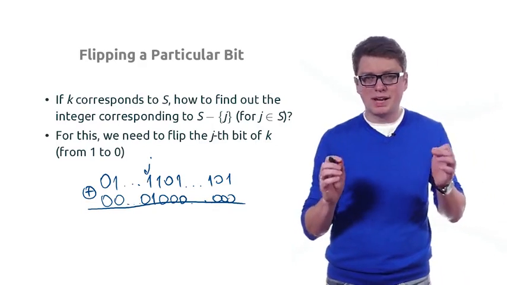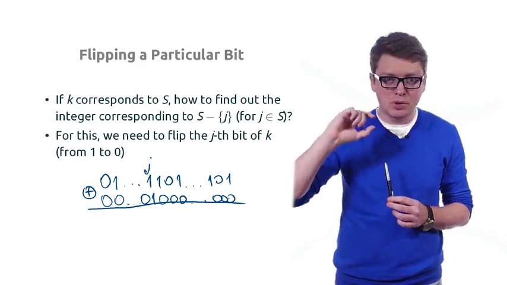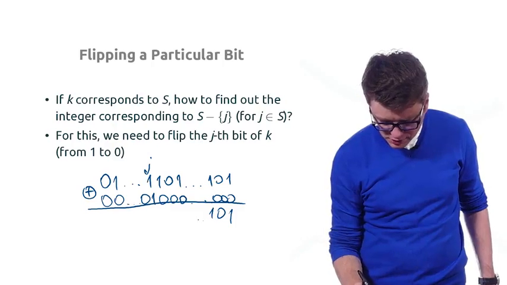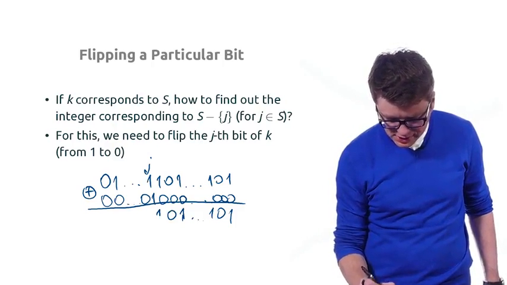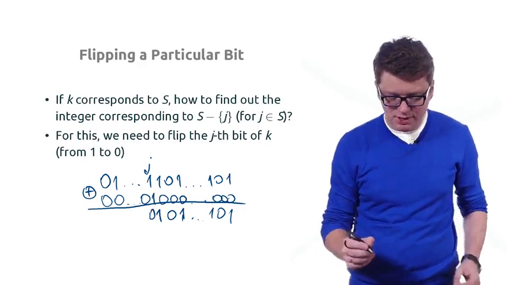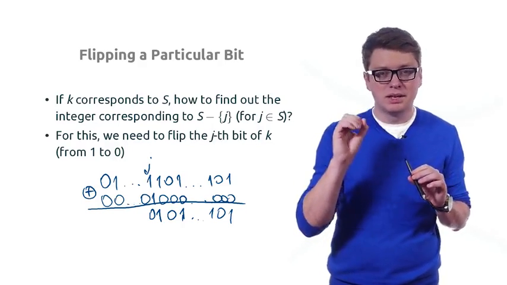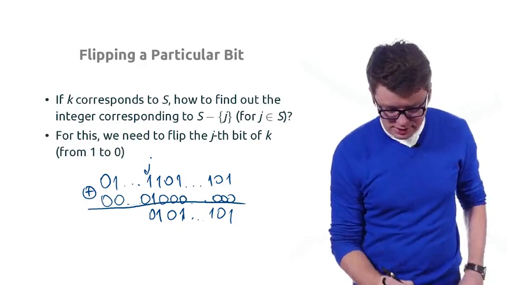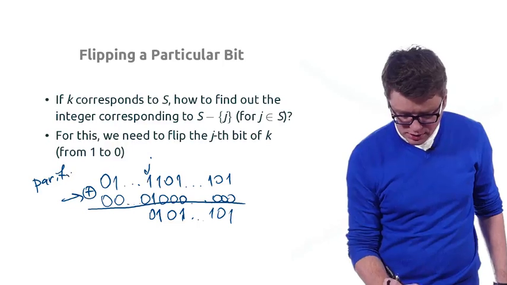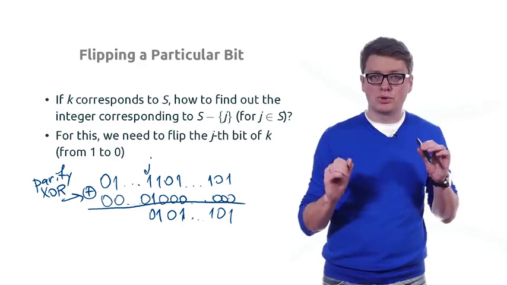If we compute the bitwise parity, it means that for every position we just compute the sum modulo 2. So we will have 1 here, 0 here, 1 here, and so on. All the bits are going to stay the same as in the initial number. However, the j-th bit is going to be flipped from 1 to 0, just because 1 plus 1 is equal to 0 modulo 2. This sign is the same as the parity operation or XOR operation. It is just computing the sum modulo 2.